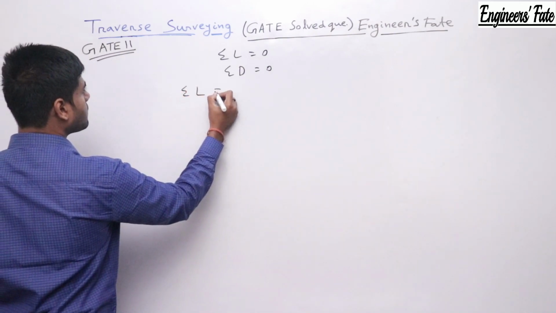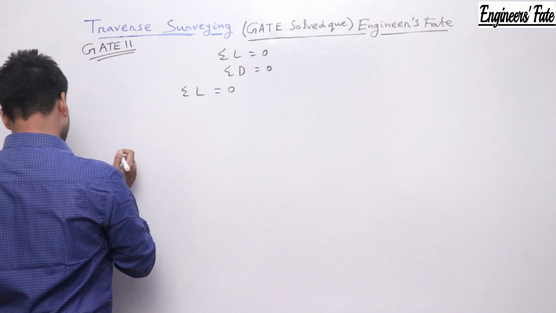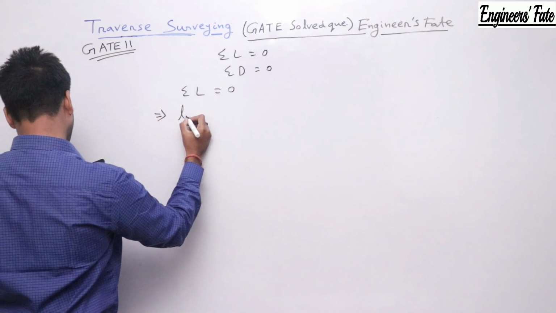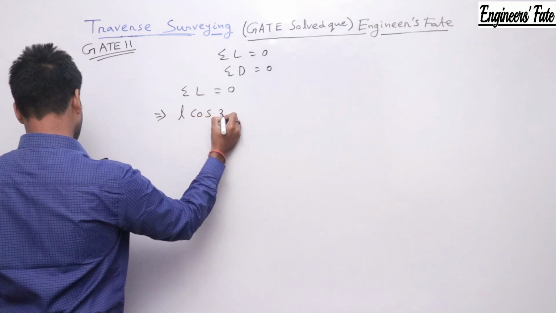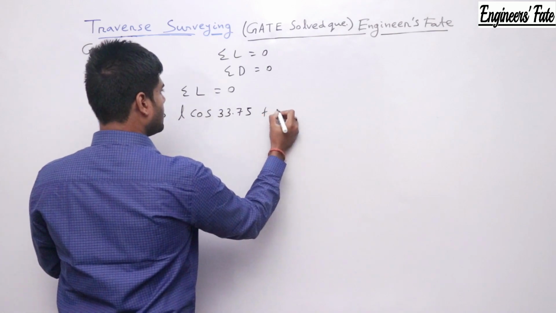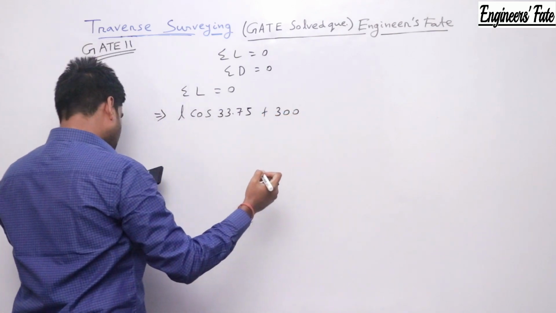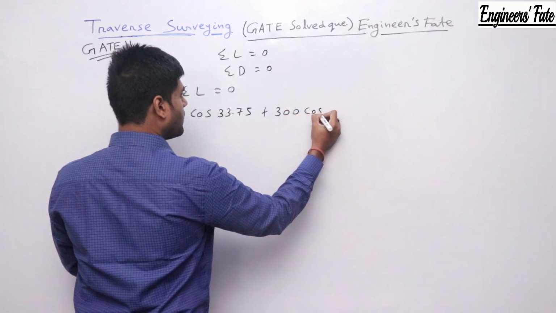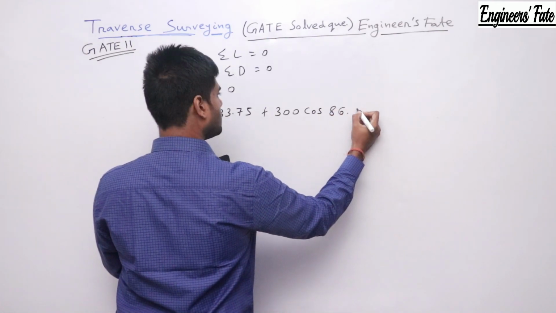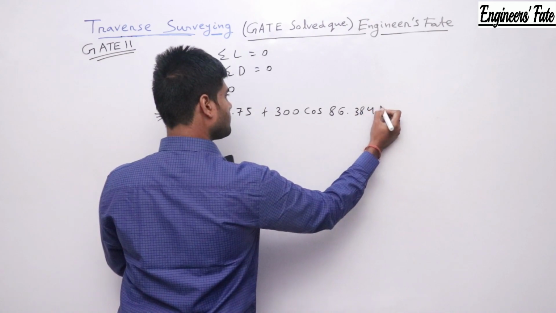So let me use summation of latitude equal to 0. The missing length I can denote as L. So L cos 33.75 plus. In the compass survey, I have told you what you mean by azimuth bearing.